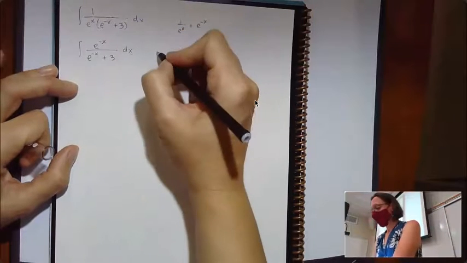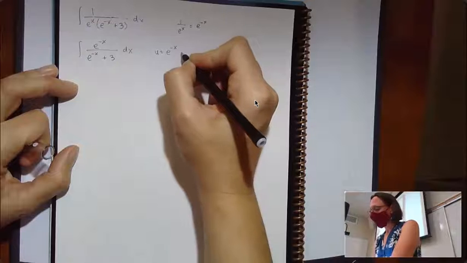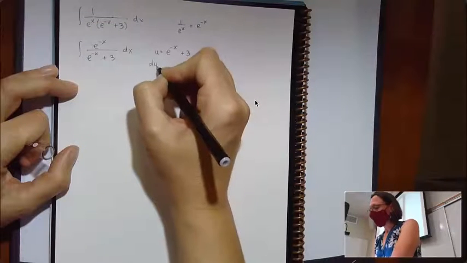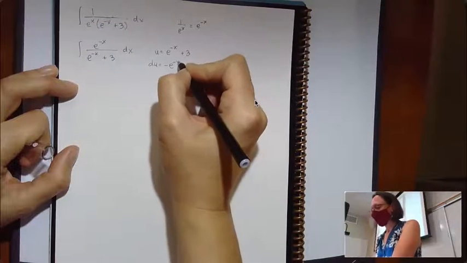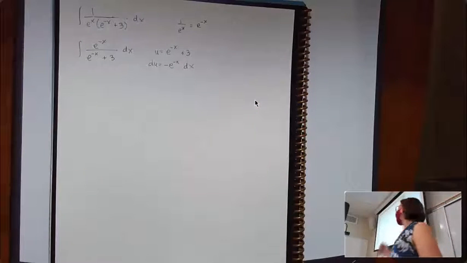Because now, if I let the entire denominator be equal to u, then du is negative e to the negative x, which I almost have, I just don't have that negative sign.